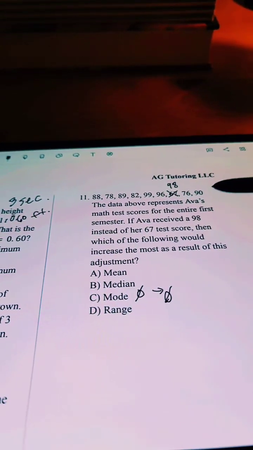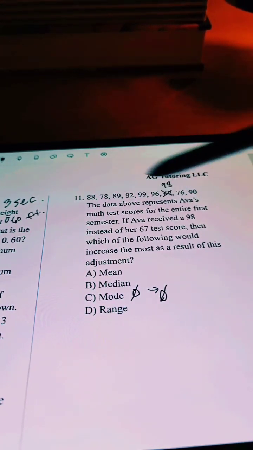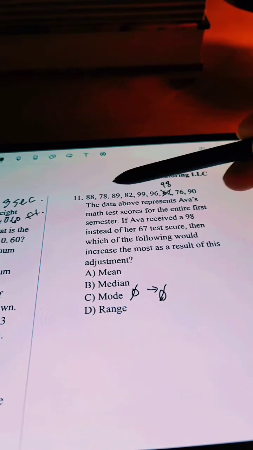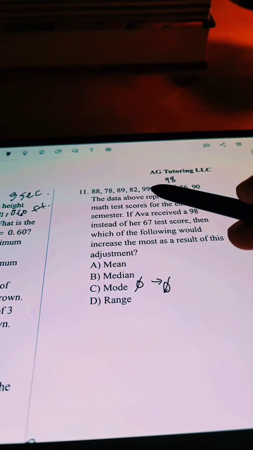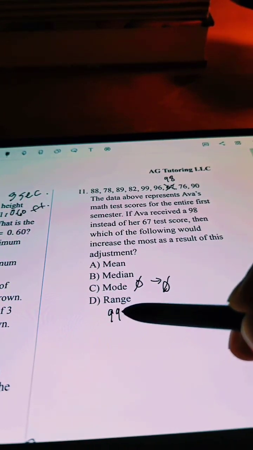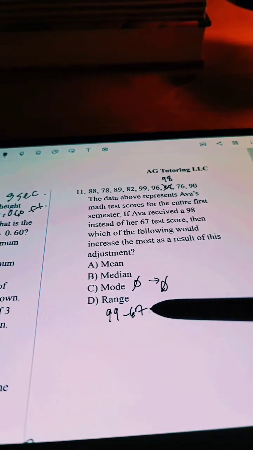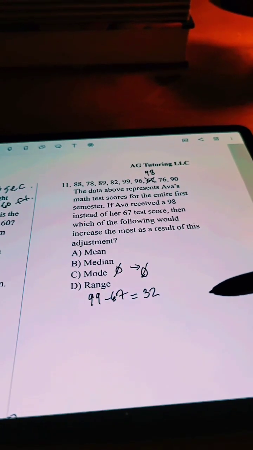Now, range is going to be the highest point minus the lowest point, but you have to be careful because this is not listed in order. So you have to look out of all of these, what's the highest originally? Originally, the highest is 99, and the lowest would have been 67. So it would be 99 minus 67 originally, and that would equal 32.